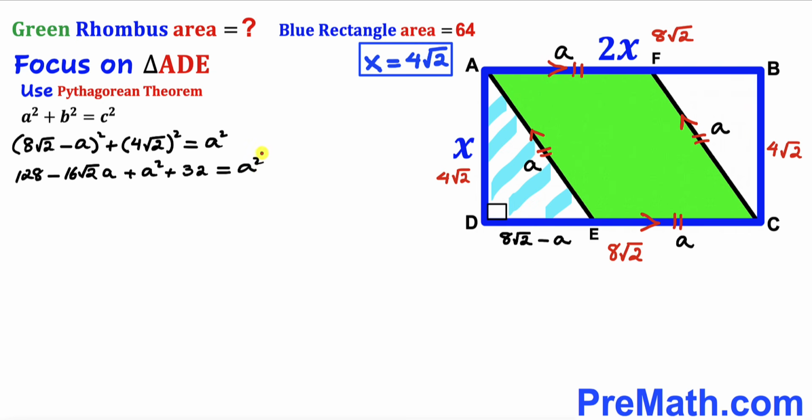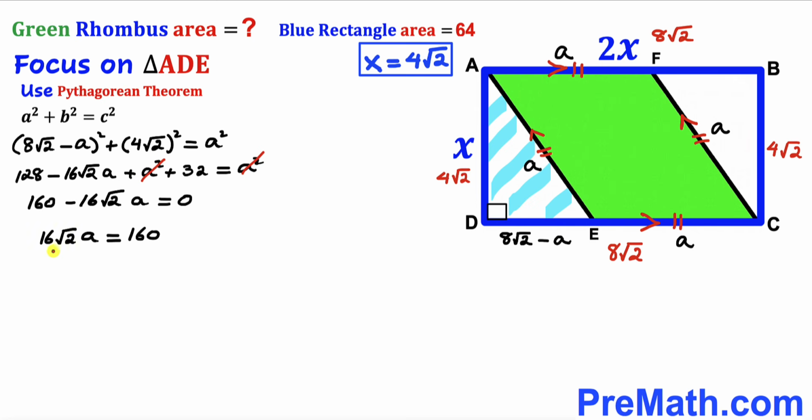Now we can see this a square and a square are gone. Let's combine the like terms. So we are going to get 160 minus 16 times square root of 2 times a equals 0. Now I'm going to move this term to the other side, so we can write 16 times square root of 2 times a equals 160.